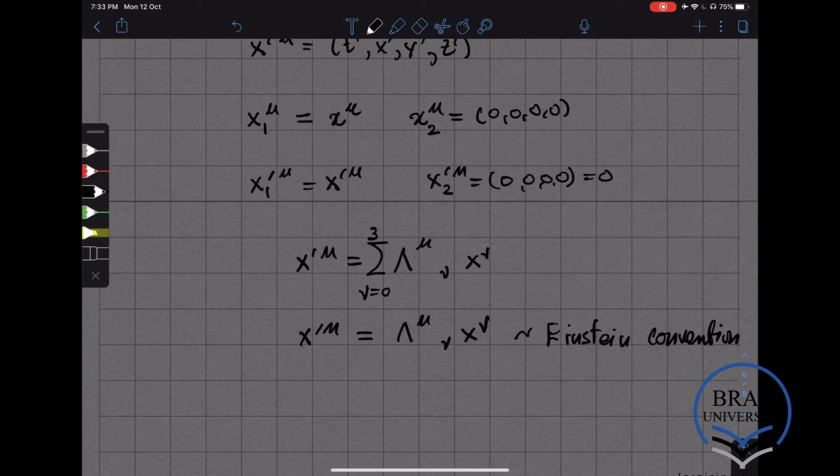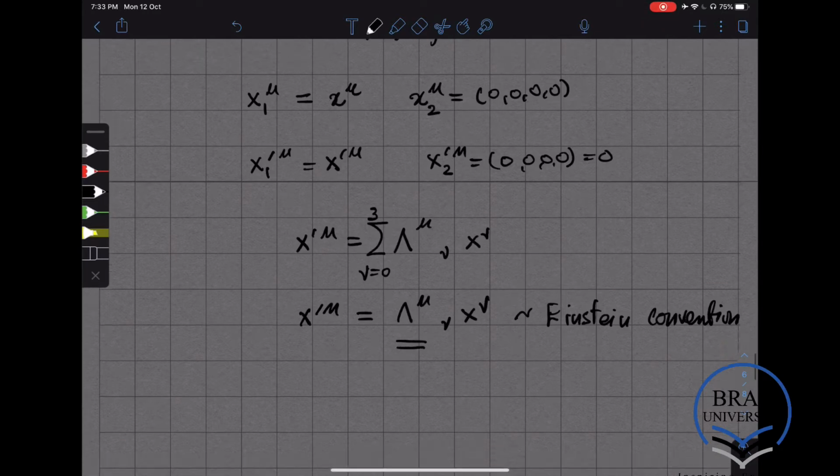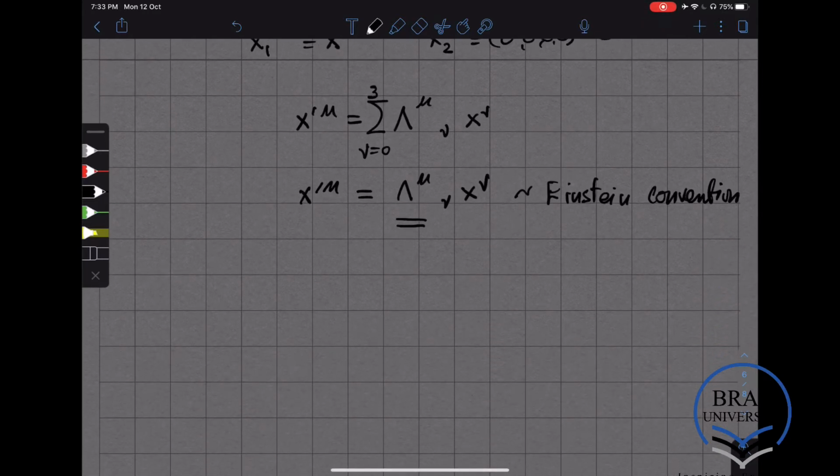So before we can go on and describe what a Lorentz transformation really is, or what the properties of these matrices are, we need to introduce another type of index, the downstairs index. Before we do that, we introduce a rank 2 tensor, and this is called the metric tensor.